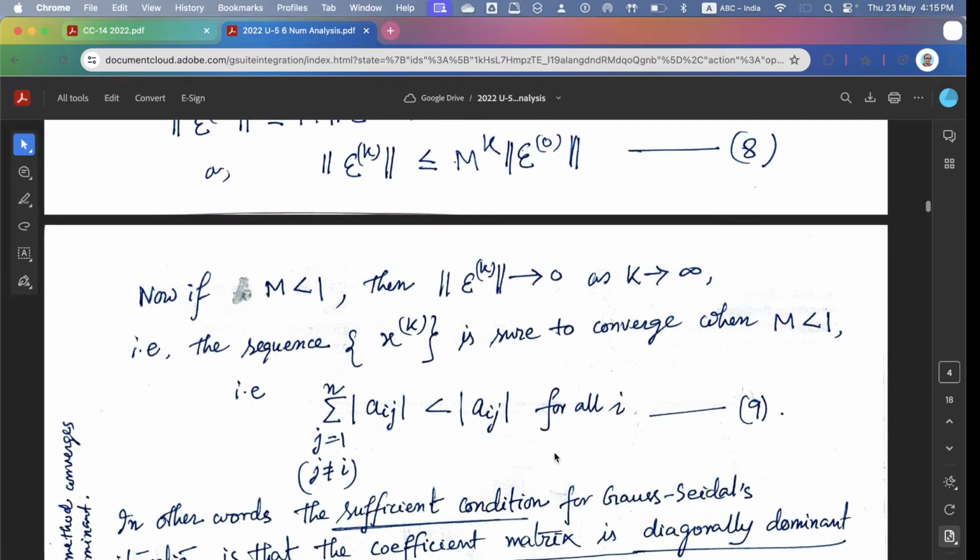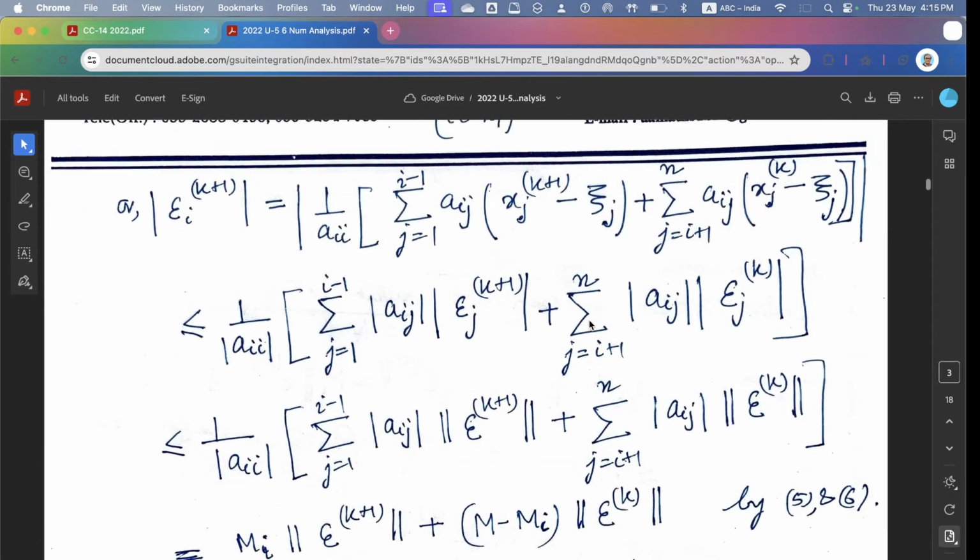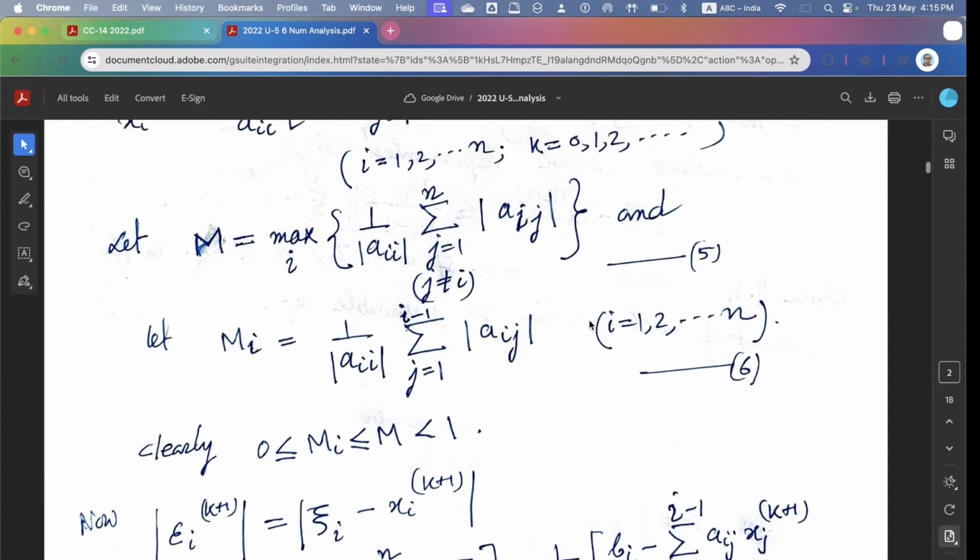That is, m is the expression in equation 5, the maximum over i of the summation over j equal to 1 to n of mod of bij. So this is less than 1.